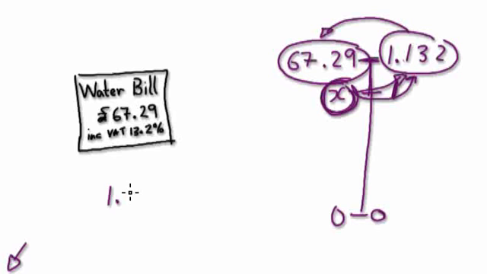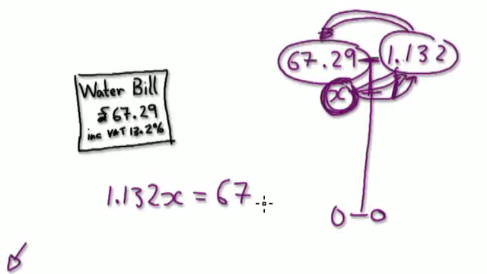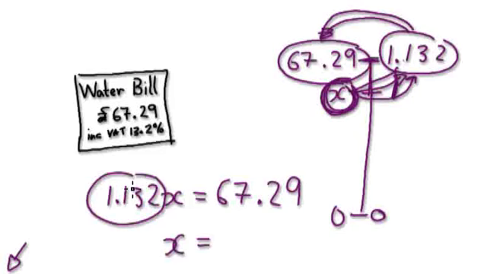So write that down. We always put the number first. 1.132 times X equals, well, you would get this times this, and then it equals this, 67.29. Now work out x. Divide both sides by this thing here.